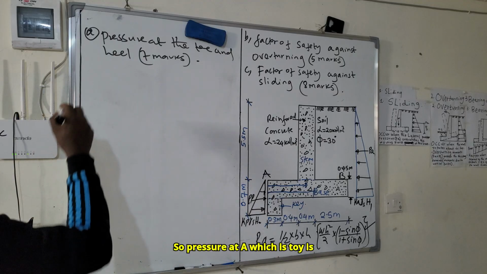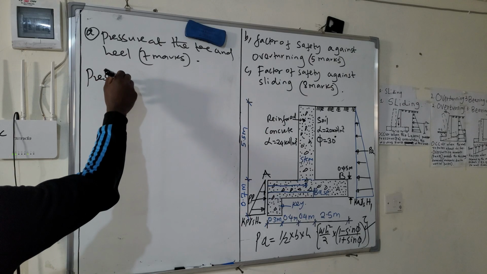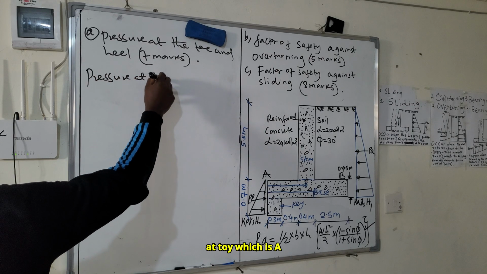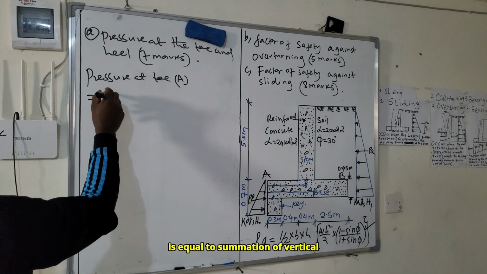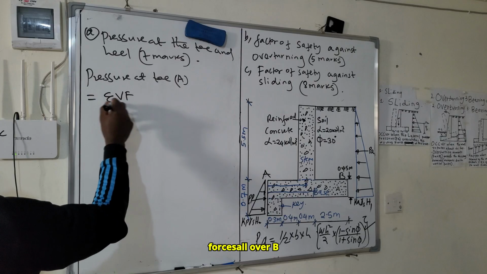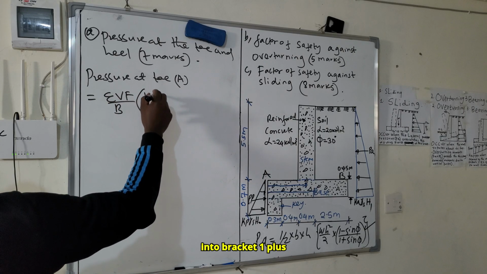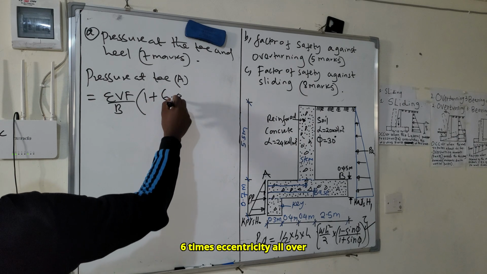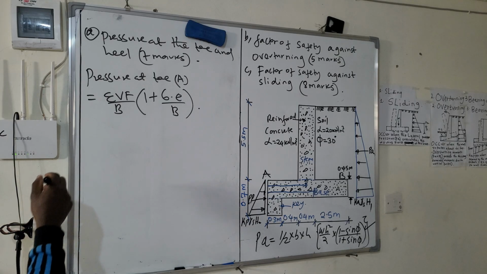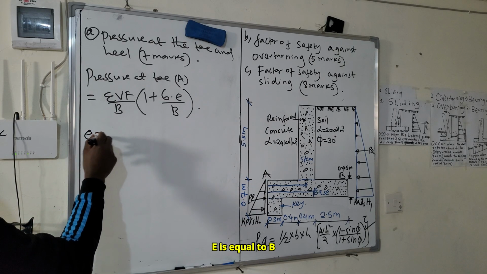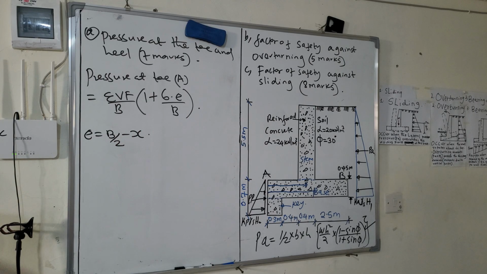So pressure at A, which is the toe, is equal to summation of vertical forces all over B into bracket 1 plus 6 times eccentricity all over B. And you know that E is equal to B over 2 minus X.